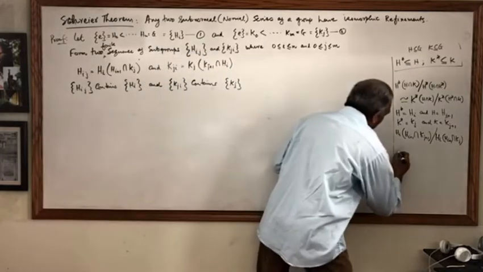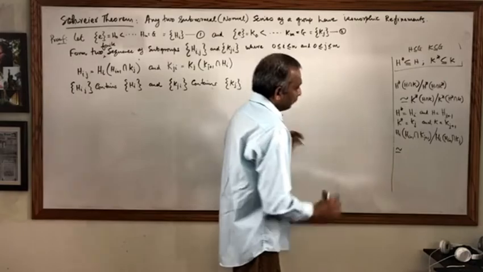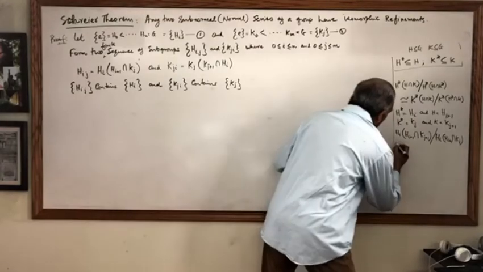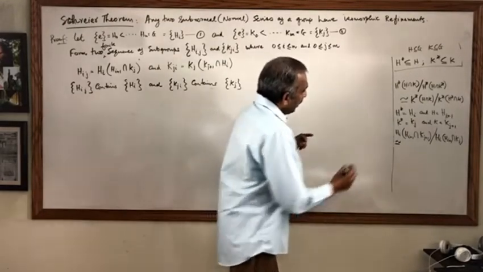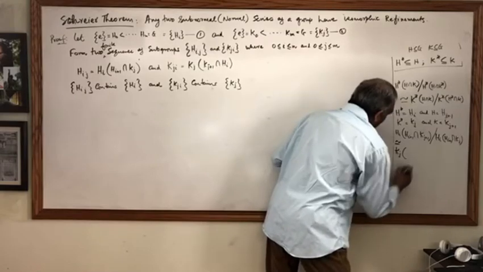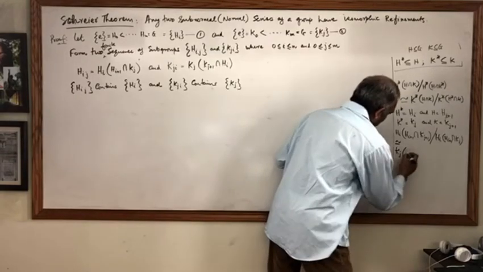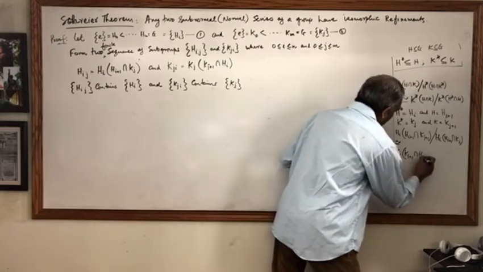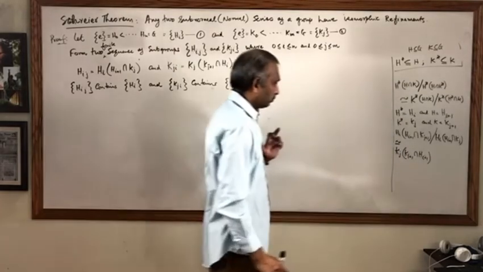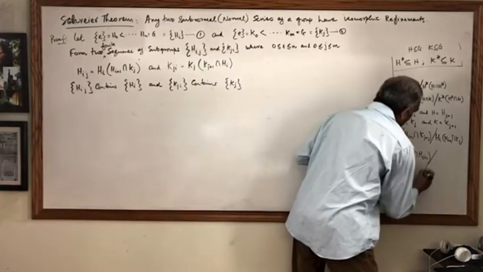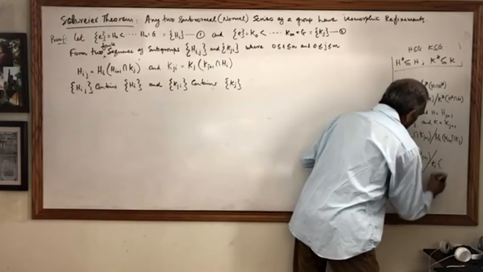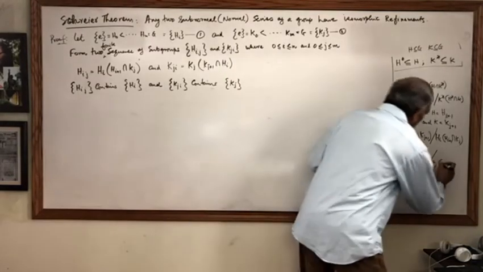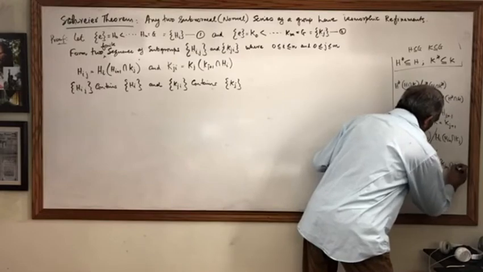So Hi times Hi plus 1 intersection Kj plus 1 over Hi times Hi plus 1 intersection Kj is isomorphic to Kj times Kj plus 1 intersection Hi plus 1 over Kj times Kj plus 1 intersection Hi.